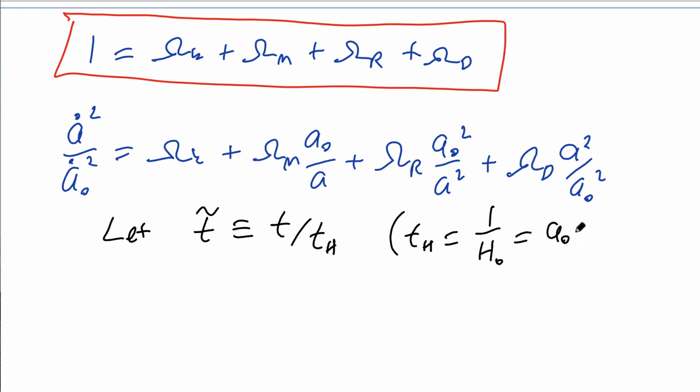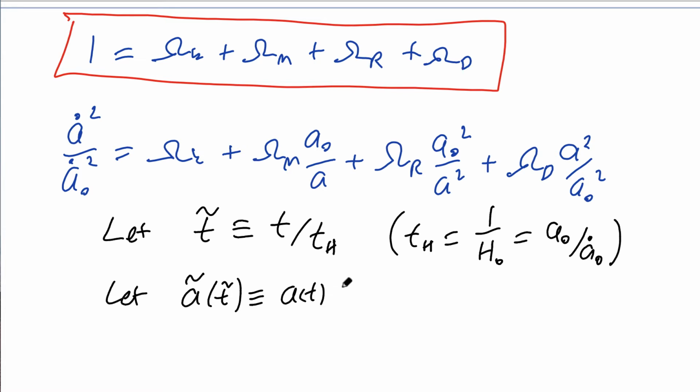So that's a0 over a0 dot. And for the dependent variable, let's define a tilde as a function of t tilde to be a of t divided by a0. And we can also write this as a of t tilde times t sub H divided by a0.